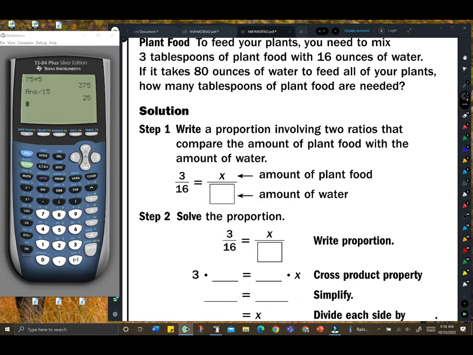We're not sure about the amount of plant food we need, but we do know that we have 80 ounces of water. When we set up the ratios, remember that we have plant food up top, and it's equal to the other plant food amount which we're trying to find.